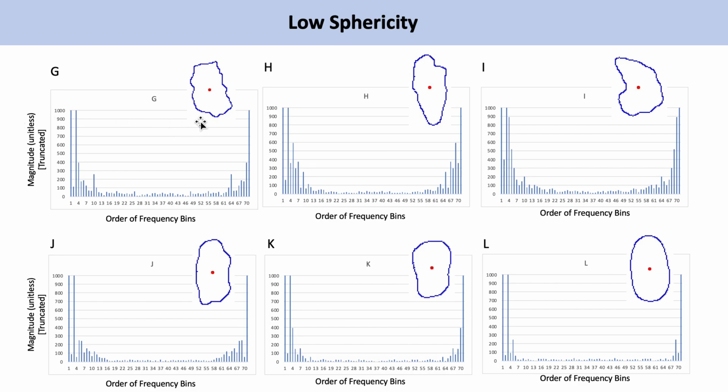And the same theme as before: the more jagged the edge is, that is the more angular the edge is, the larger these magnitude bars are compared to the smooth oval here. And similarly, the more asymmetrical the object is, the larger its bins are in the last few bins here.